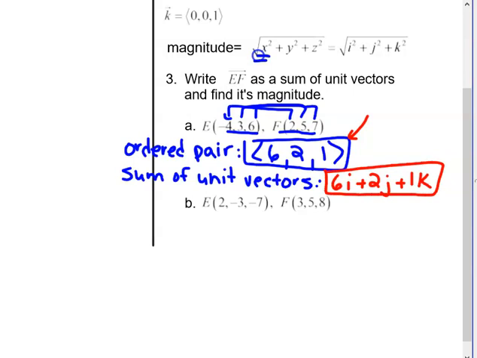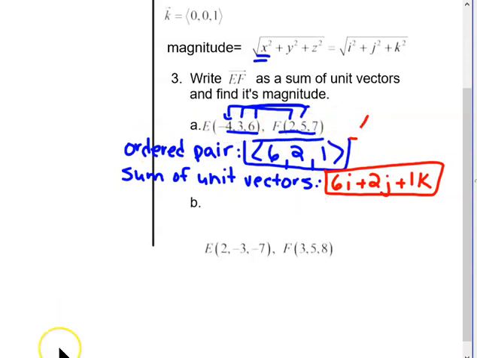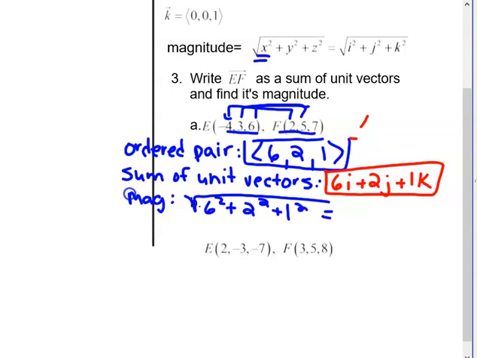And magnitude, if I were going to find the magnitude, I could just take this unit vector and go 6 squared, 2 squared, 1 squared. Take the ordered pair. And I end up with 36 plus 4 plus 1, square root of 41 is 6.4.